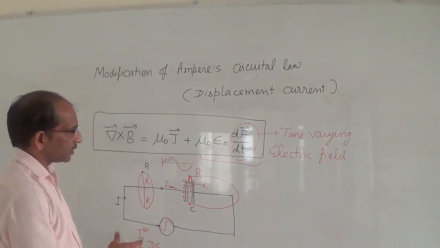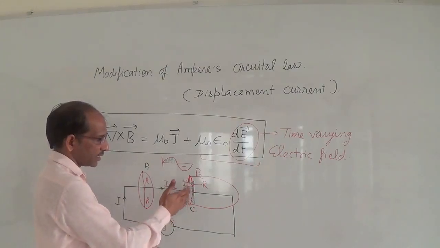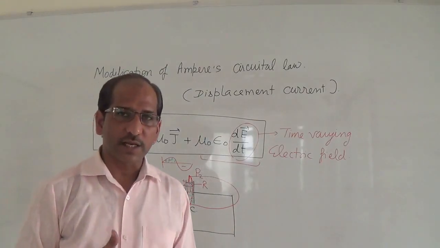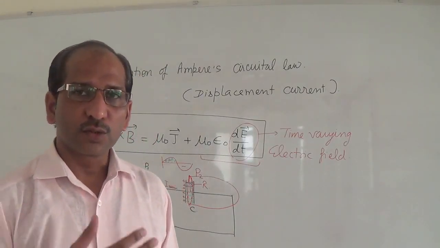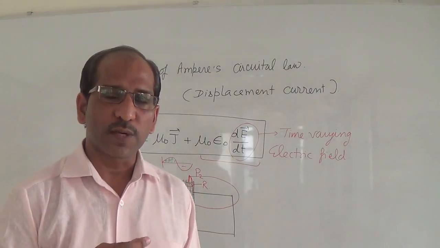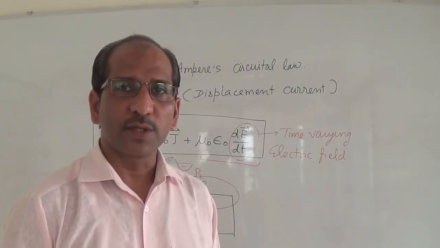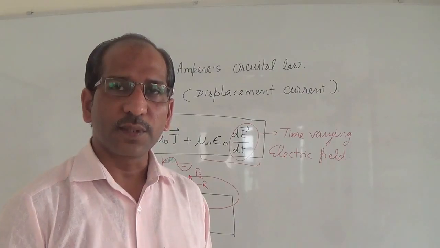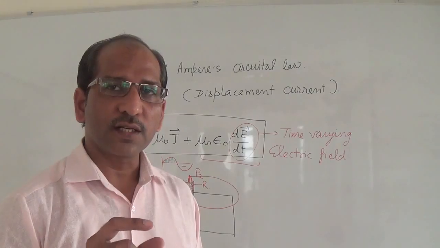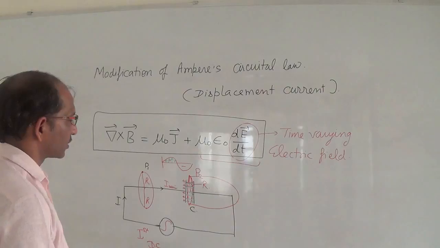So when we apply alternating current in this case, we find there is a time varying electric field inside the capacitor plates. The concept looks similar to Faraday's law. In Faraday's law, a time varying magnetic field produces an electric field, and similarly here the time varying electric field will produce the magnetic field.